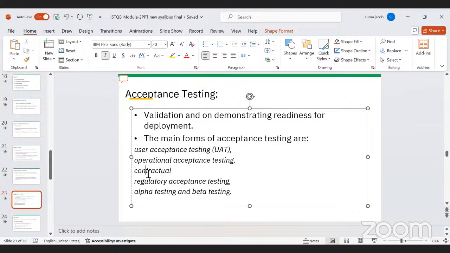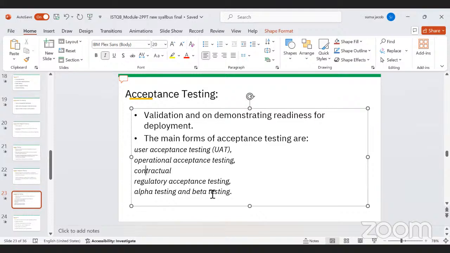And finally, we have alpha and beta testing. The difference is that both alpha and beta testing will be done by potential or existing customers. In alpha testing, the potential or existing customers will be doing it in the developer's environment, so the environment is the difference.